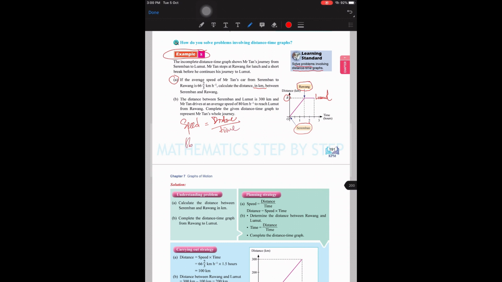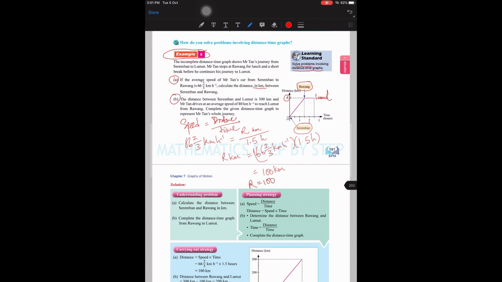In this case, we are given the speed is 66 and 2/3 km per hour, and the distance we don't know is R kilometer, divided by the time, which is 1.5 hours. So R kilometer equals 66 and 2/3 km per hour times 1.5 hour. So the answer is 100 kilometer. Okay, so R is equal to 100. So we have completed part A.